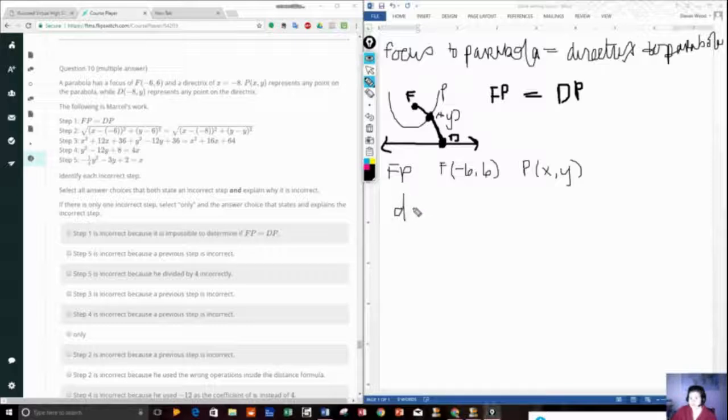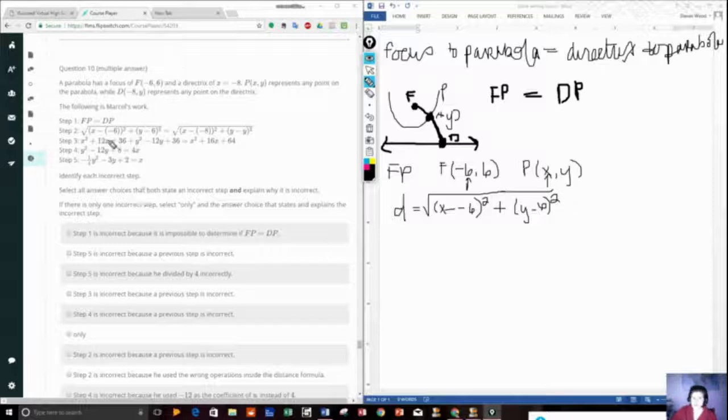The distance is going to equal the square root of our horizontal distance, so let's use our x's, and we're going to start off with point P. So we're going to have x minus negative 6 squared, plus our vertical distance, and since we started with point P first, we're going to start with point P again, so y minus 6 squared.